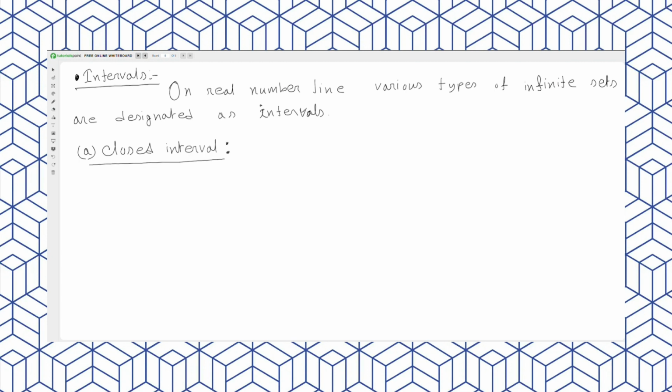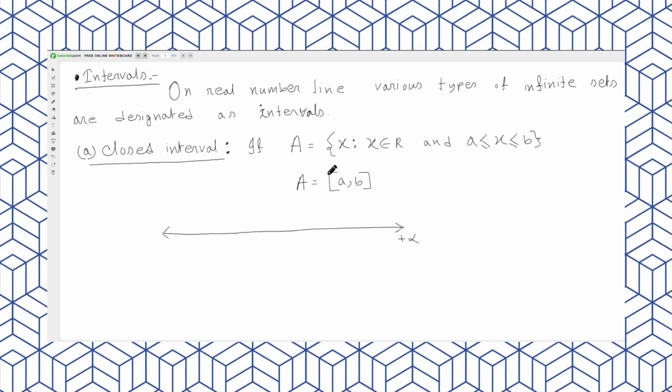If a set is given by A = {x such that x belongs to R and x is greater than or equal to a and less than or equal to b}, then it can be denoted by [a, b] within third brackets.